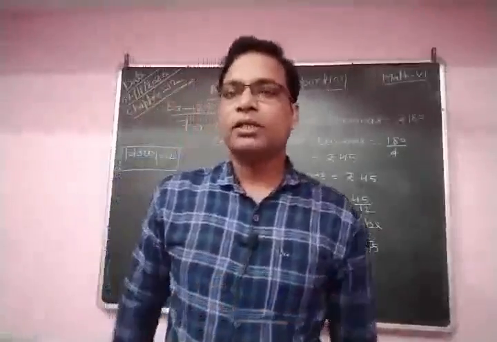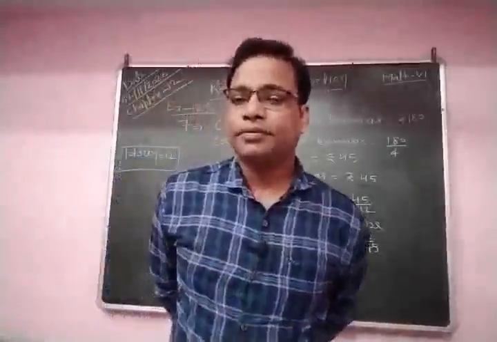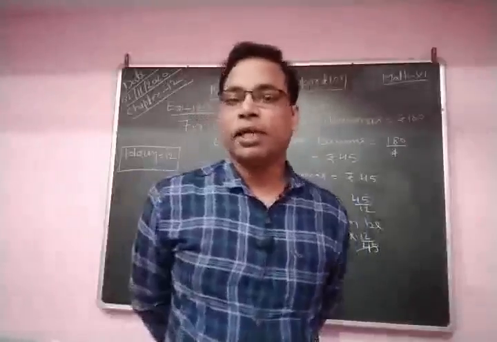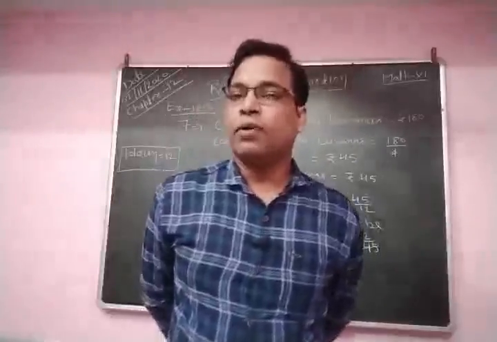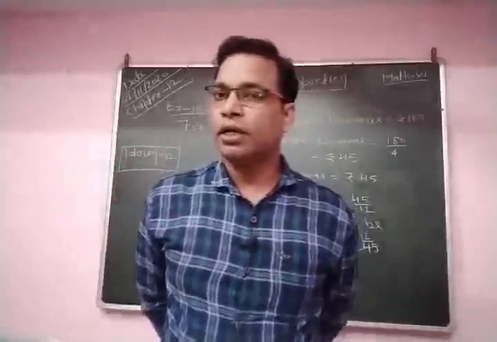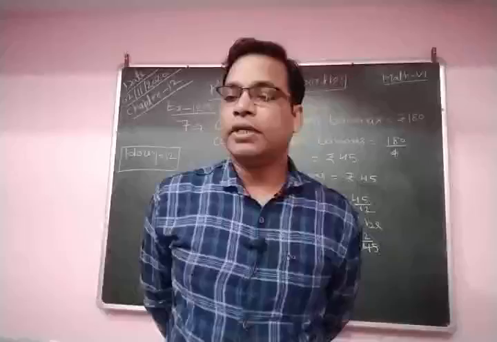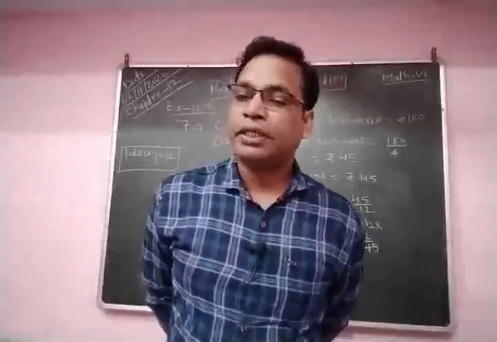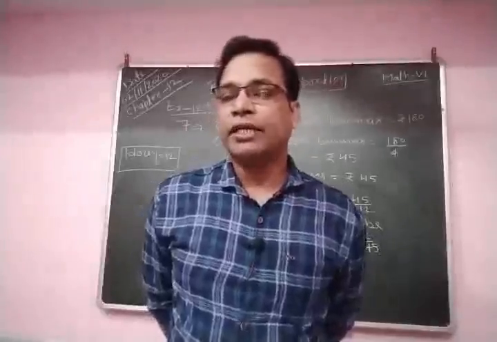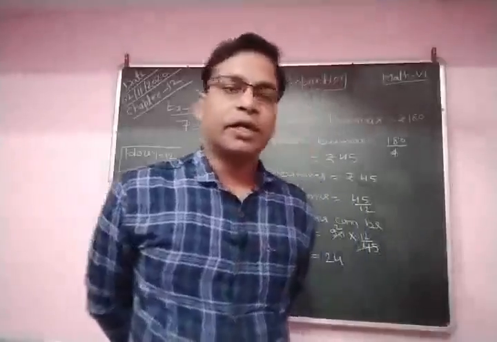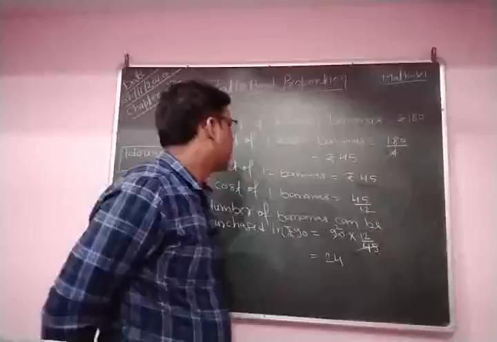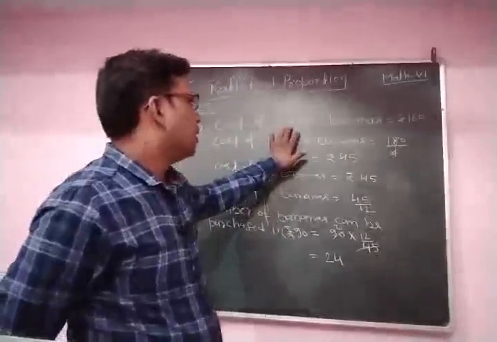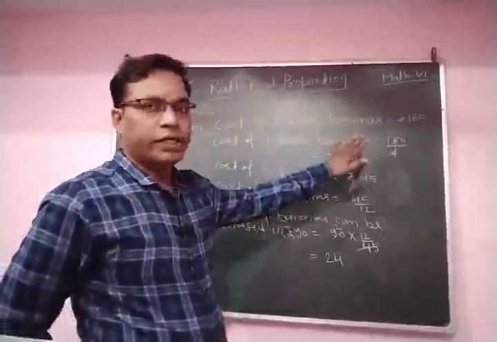This is clear. In this question, it is given that the cost of 4 dozen banana is 180 rupees. Okay, so how many bananas can be purchased in 90 rupees? So first you find, you can write here, cost of 4 dozen banana is equal to 180 rupees.